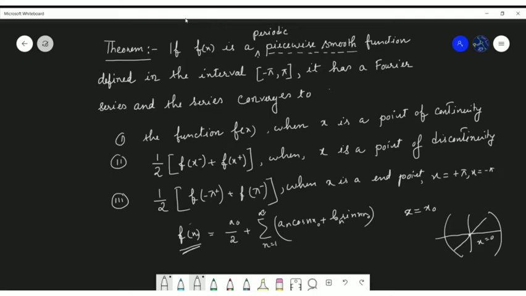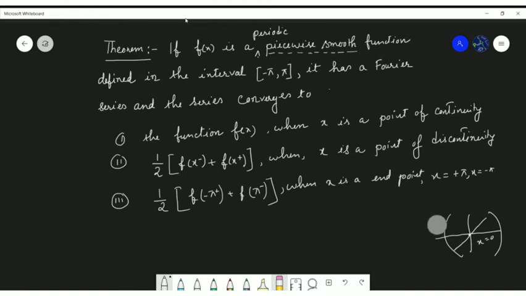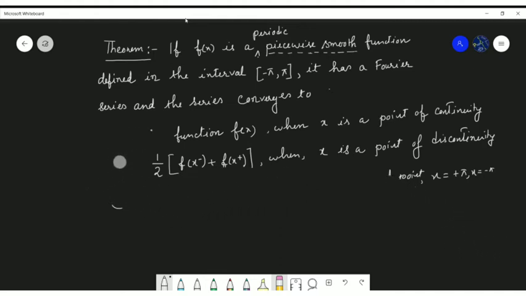That is what is written by this point. But when x equal to x naught is not a point of continuity, it is a point of discontinuity, in that case we cannot simply put x equal to x naught in that function. In that case we have to take the average of the left hand side and right hand side limit. Okay, we'll try to understand these things now.